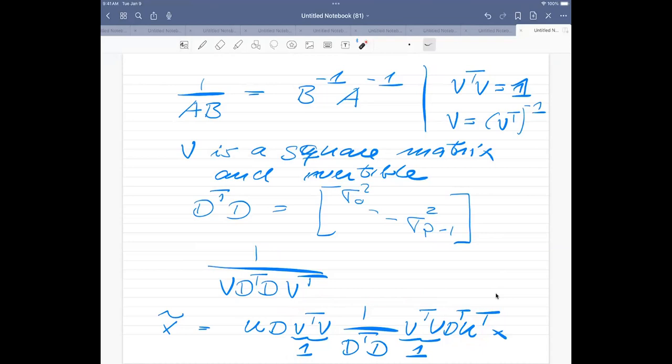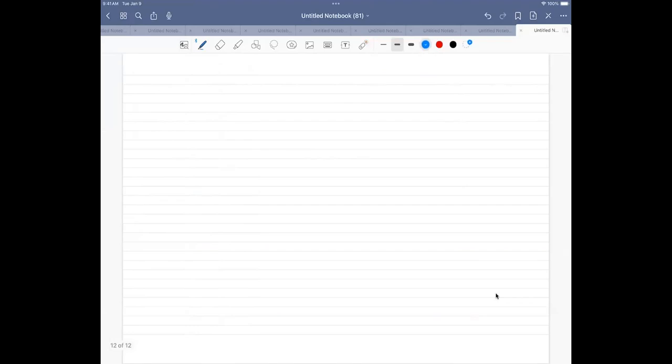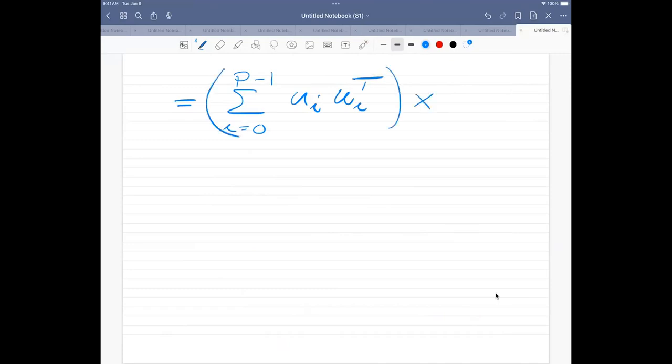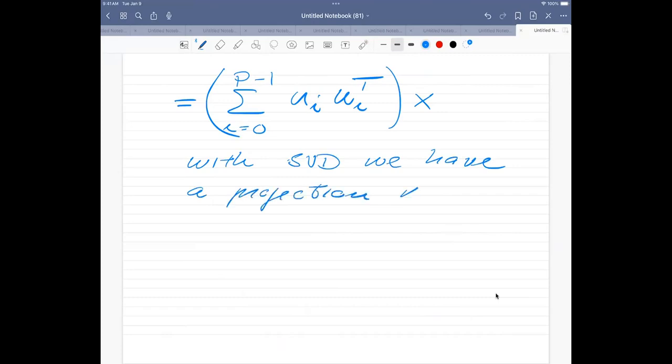So when I write everything out here, it's pretty easy to see that I can have a summation from i equals 0 up to p minus 1, not n, where I have the vectors u_i transpose multiplied with x. So with the SVD, we have a projection with p degrees of freedom.